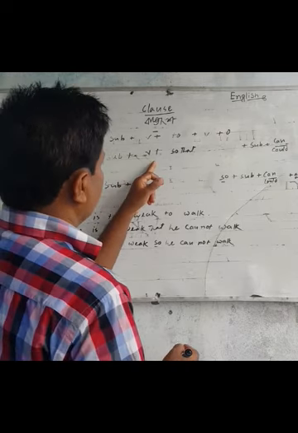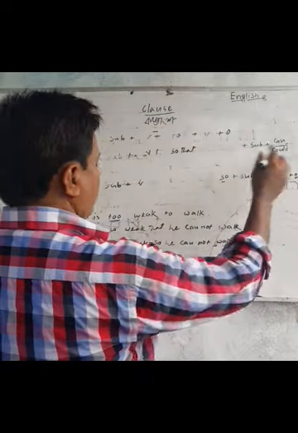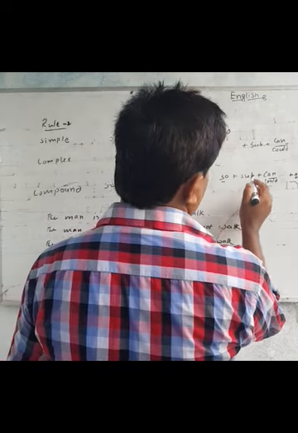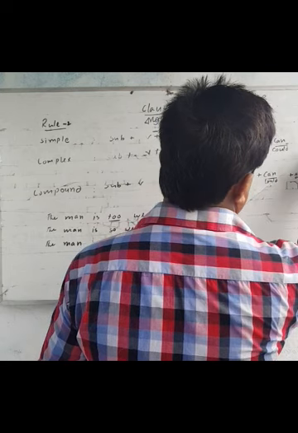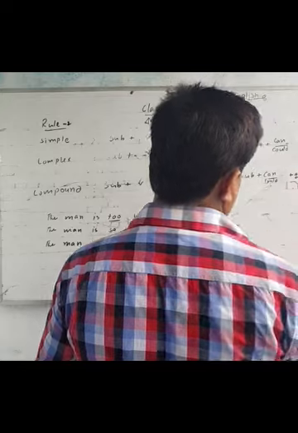Subject plus verb plus so that plus subject will do. Subject plus verb, so, or subject can or could, main verb plus object. Here is object.